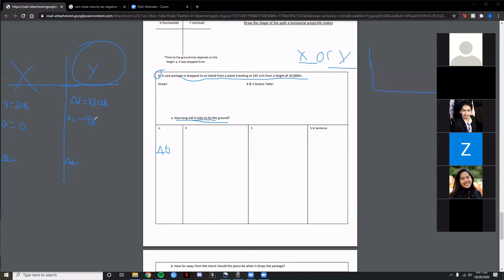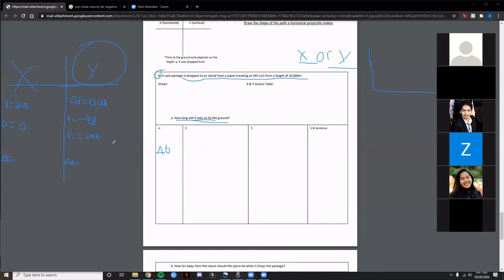We know v of I equals 0 meters per second, because it was dropped, and when you drop something, it's 0 meters per second.